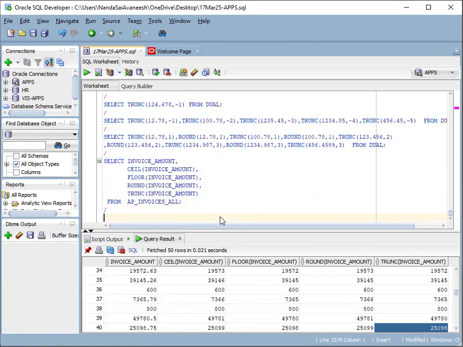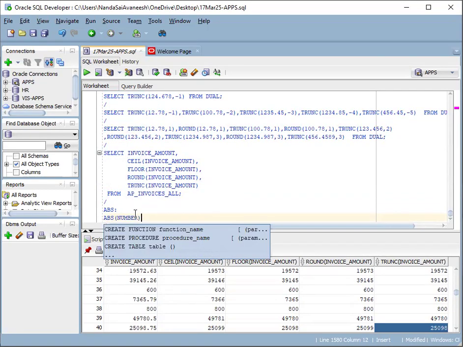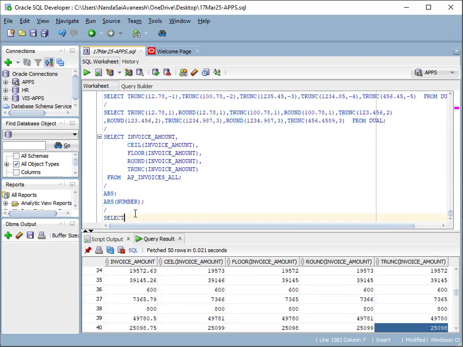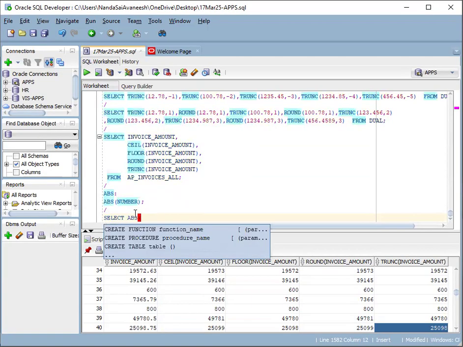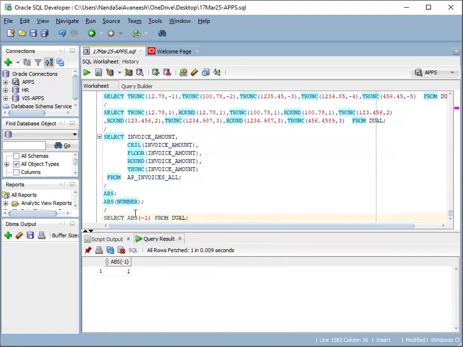Next we have the ABS function. ABS means absolute value. It gives the absolute value of n. If n is negative, it converts to positive. Syntax: ABS number. Select the ABS of -1 from dual, then it is +1.